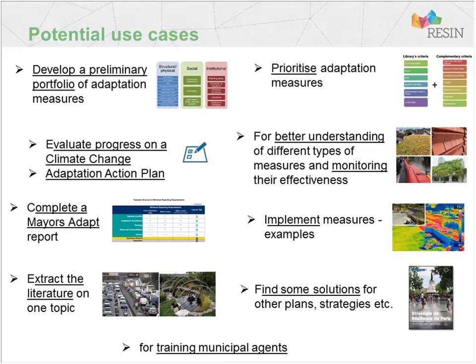For example, cool pavement can have a higher effectiveness if we are measuring surface temperature than air temperature, and we can figure out how we need to monitor effectiveness depending on the main objectives we have. So we can use it for training and having a closer look at the adaptation measures and understand better how they perform.